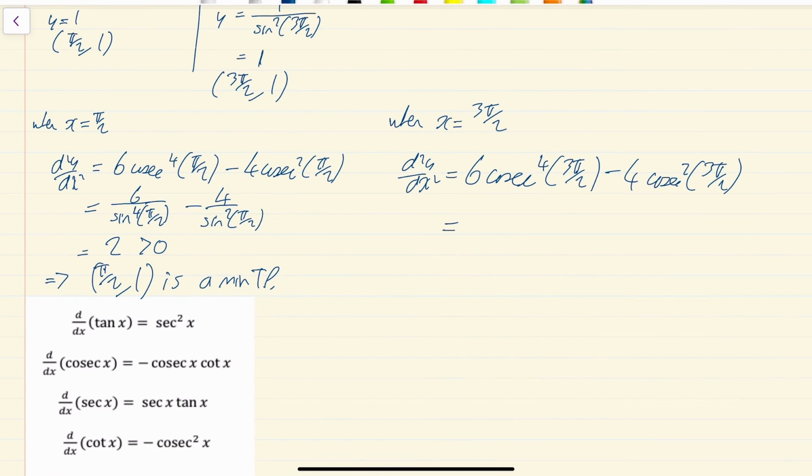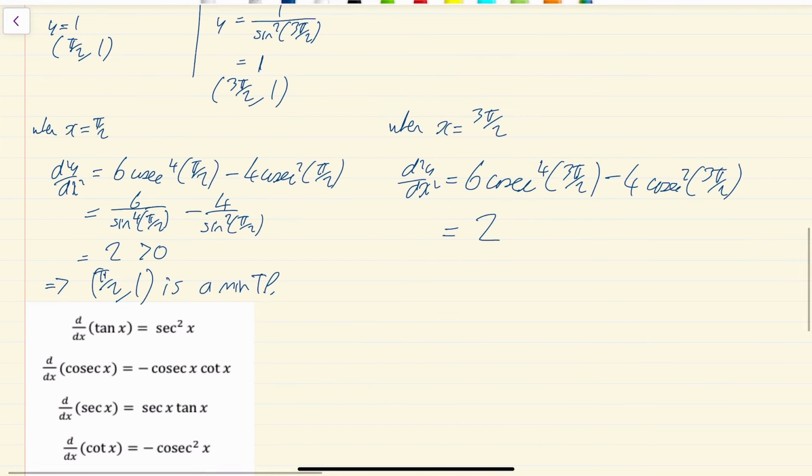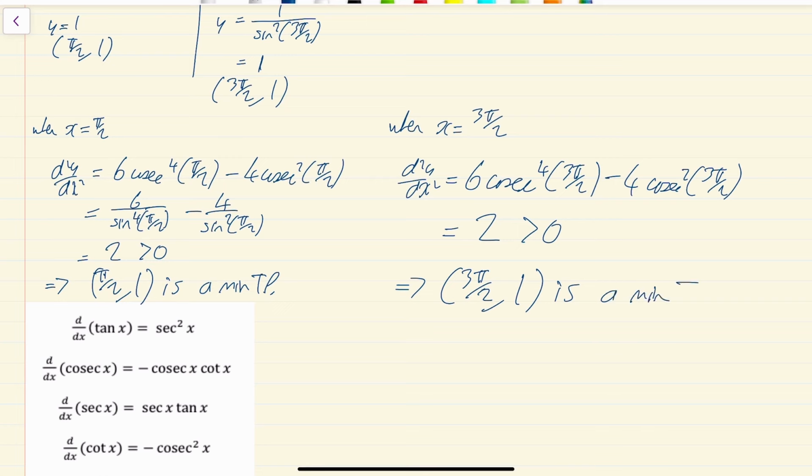Change your pi over 2 to 3 pi over 2 now. So I've just gone in and done that, and I got 2 again, which is greater than 0. Therefore, that tells you that 3 pi over 2 and then 1 is, again, a minimum turning point. And that's us done.